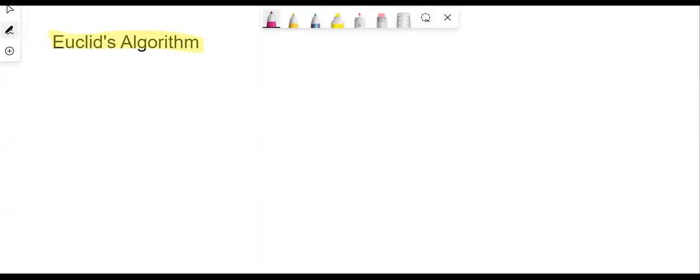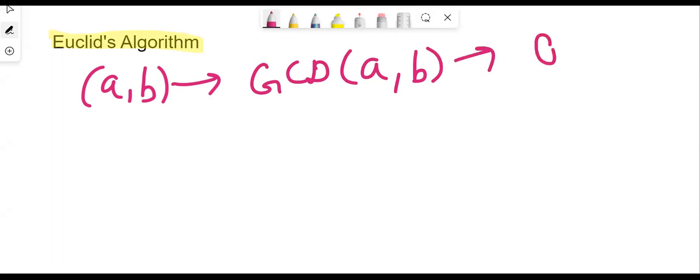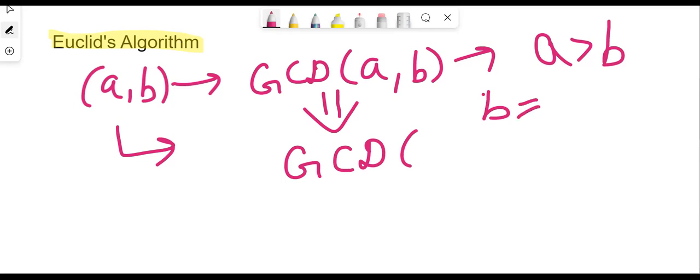It says that if you have two numbers, a comma b, and I want to find the GCD or HCF for a comma b, and the condition here is that a is greater than b, then we will do the recursion until b is not equal to 0.